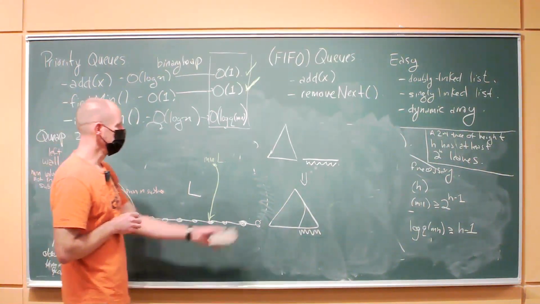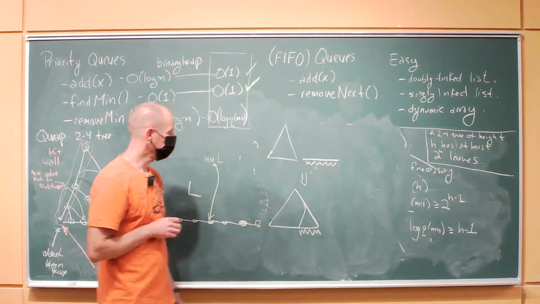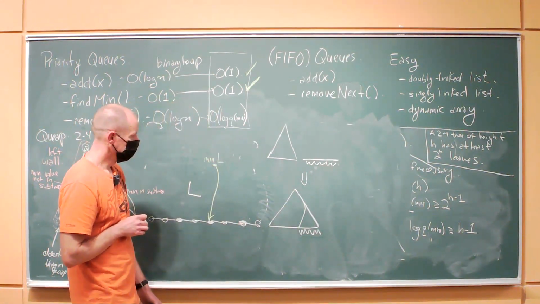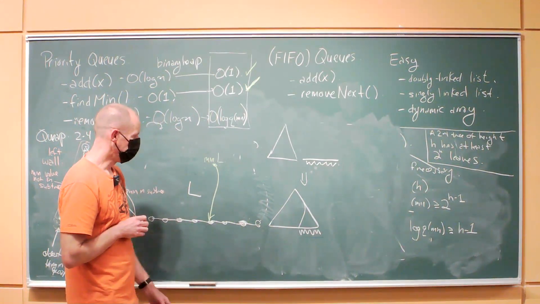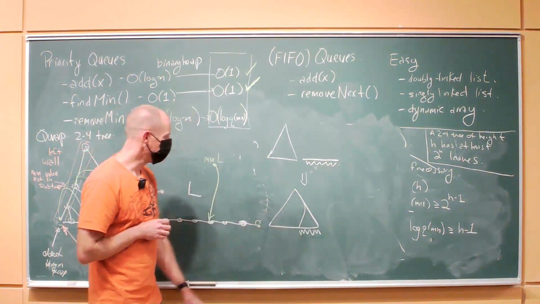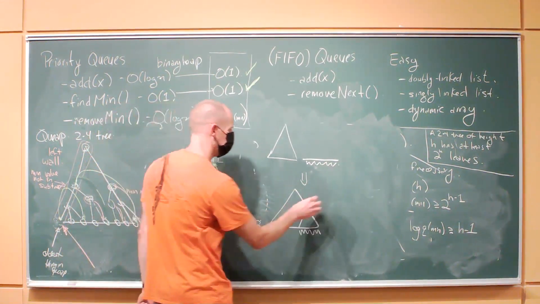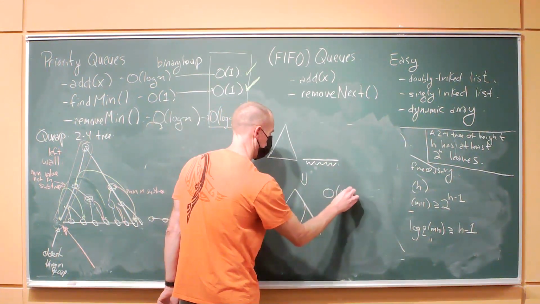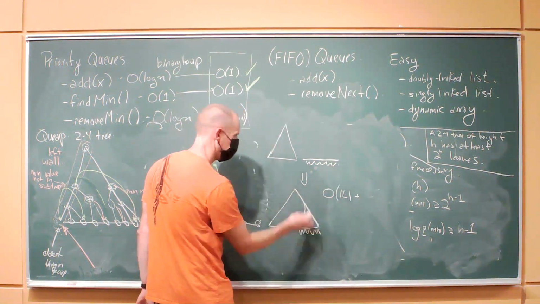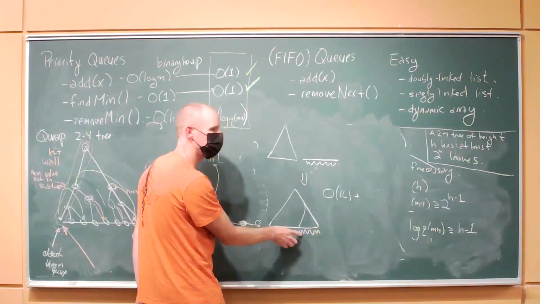All right, so here's L items that I need to add to this tree. So the time is going to be O of L, just to take all of these list items and make them leaves in the tree.